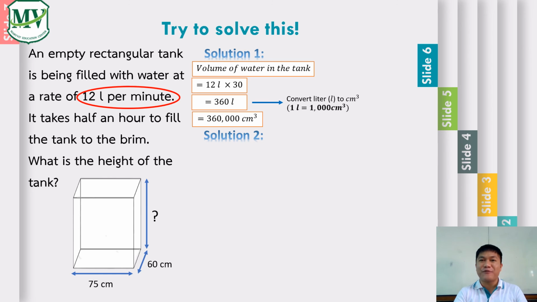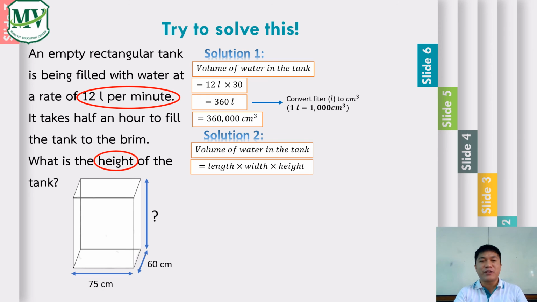For our solution number 2, what do you think is the formula that we are going to use? Correct. We are going to use the same formula, which is volume is equal to length times width times height. Since we are solving for the height, change the volume into 360,000 cubic centimeters, the length, which is equal to 75 centimeters, and the width, which is equal to 60 centimeters.